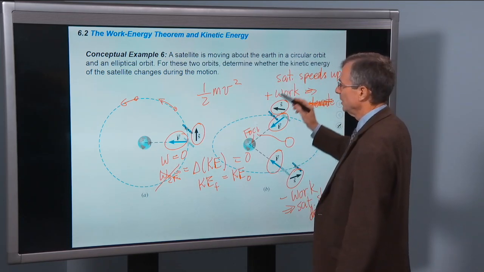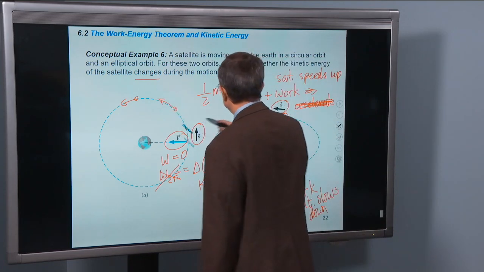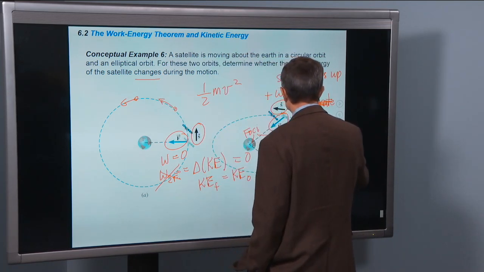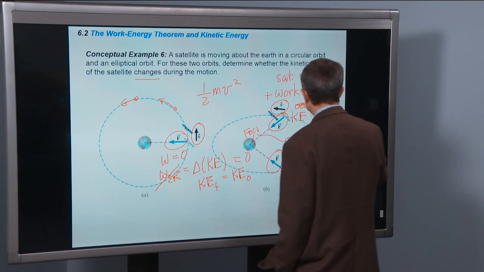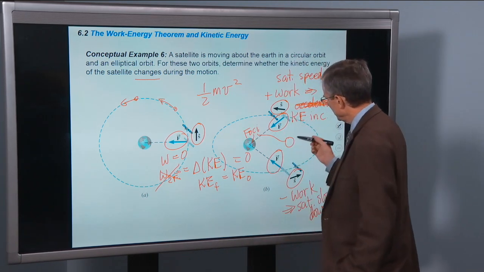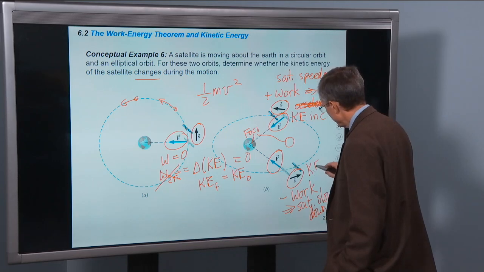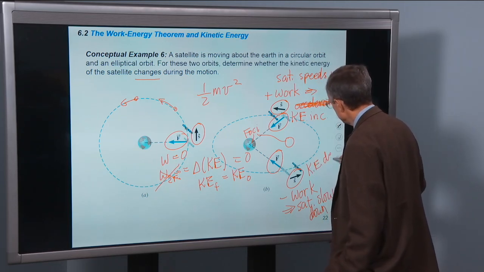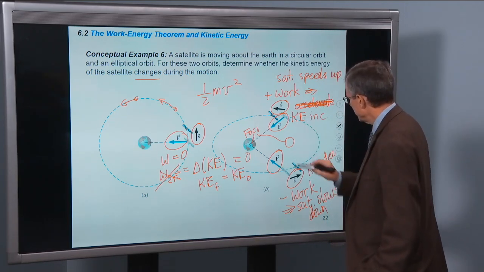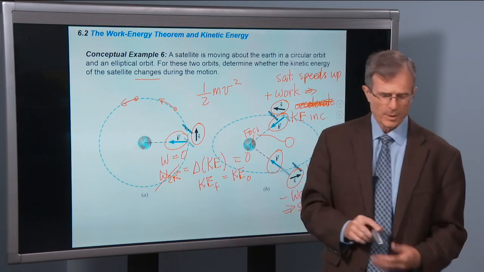So it certainly does change. The kinetic energy increases as it's approaching, and the kinetic energy decreases as it is regressing away from the Earth.